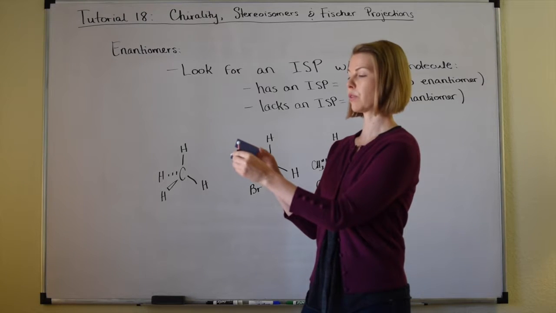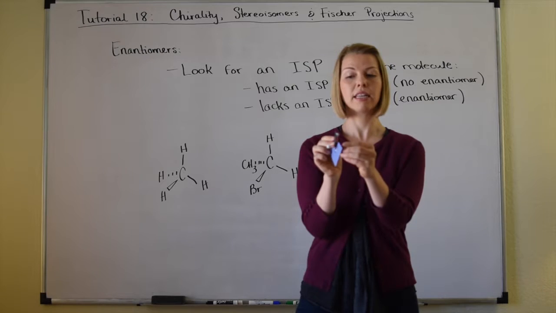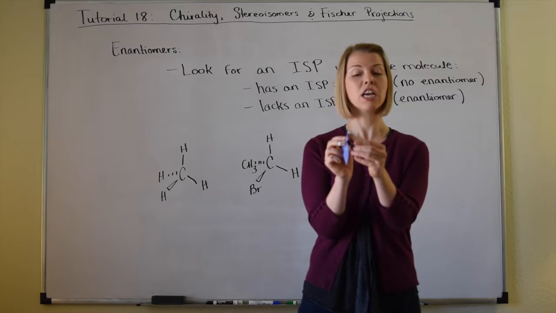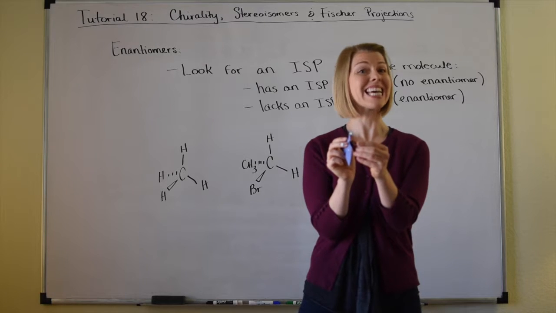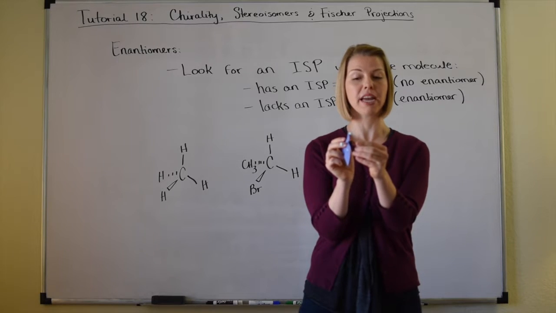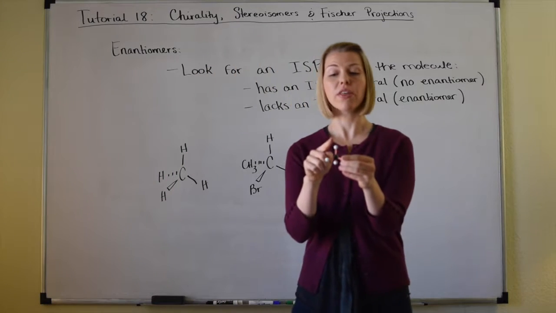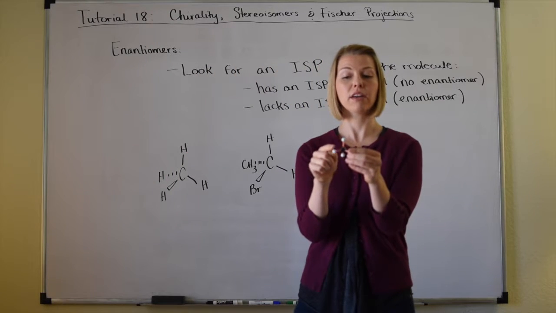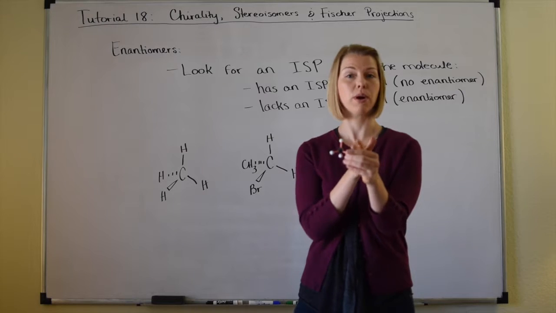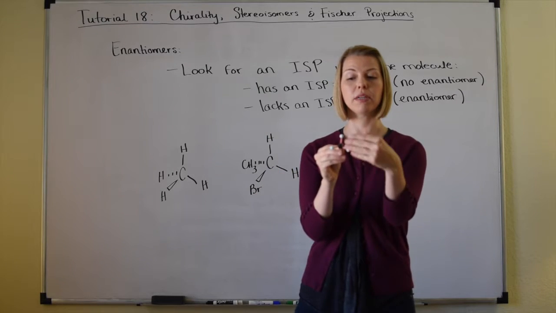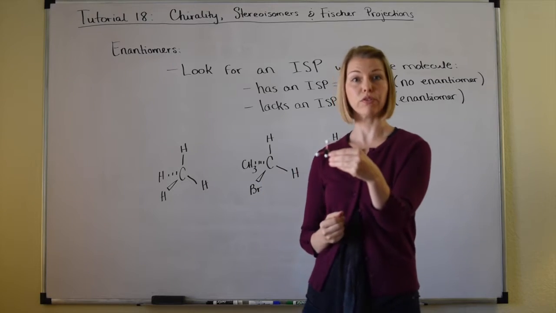Again, we're cutting through this hydrogen, this carbon, and this hydrogen. See that the other hydrogens will reflect. So that is what we mean by an internal symmetry plane. And this molecule has several of them, because you could do that with any 2 hydrogens and the carbon. Then the other 2 hydrogens would reflect.